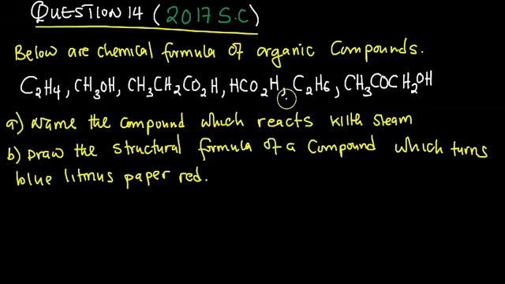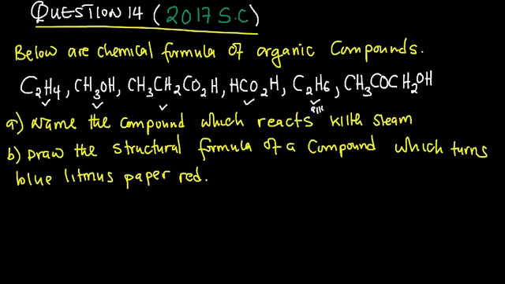Okay, so up to question 14, below are chemical formulae of organic compounds. As you can see, just identifying them, this one is an alkene, this one is an alcohol, this one is an acid, this one is an acid, this one is an alkane.